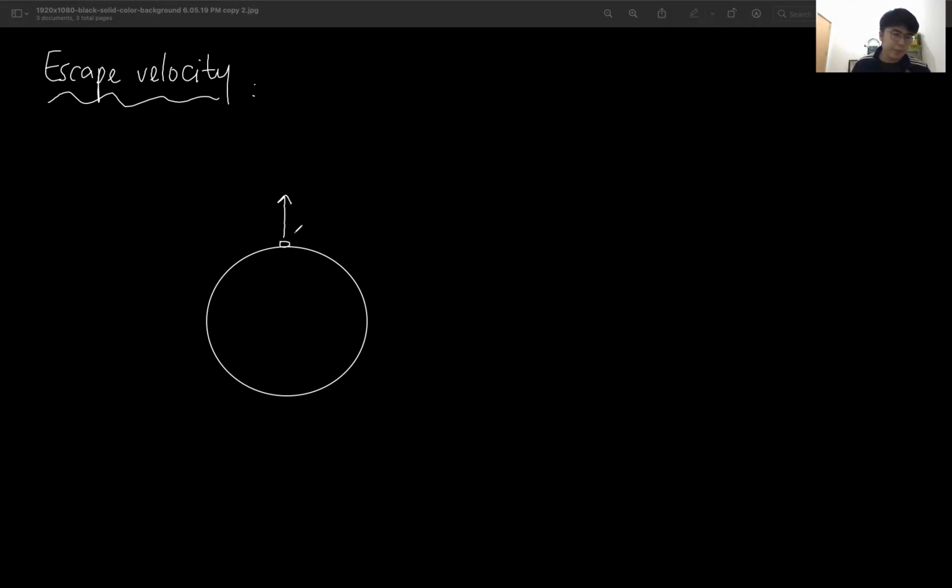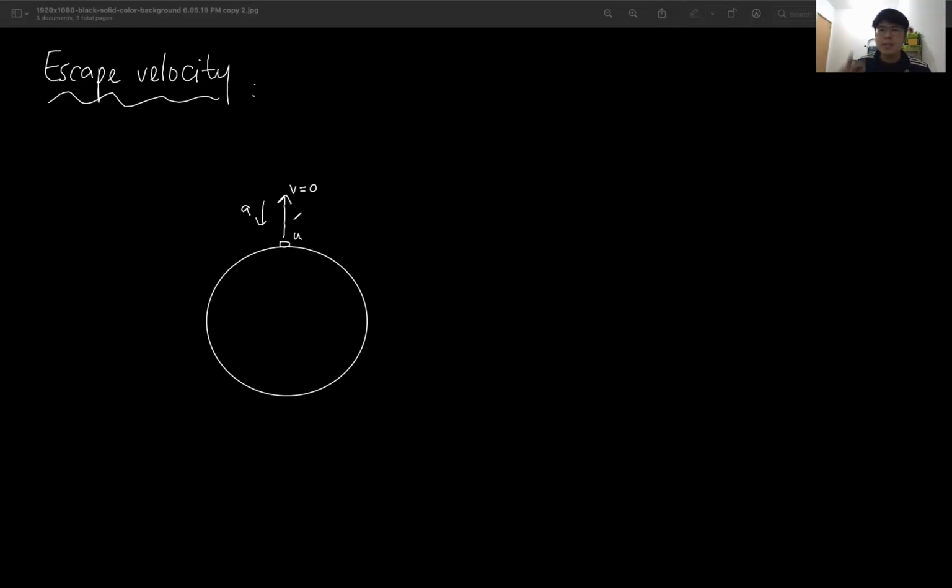So if I give it a velocity of u, and then there's acceleration downward, at some point the velocity v would be 0. At 0, that is the turning point and it will fall back down, because it is still inside the field. It is still experiencing the gravitational pull. So the moment it hits 0, it reverses.